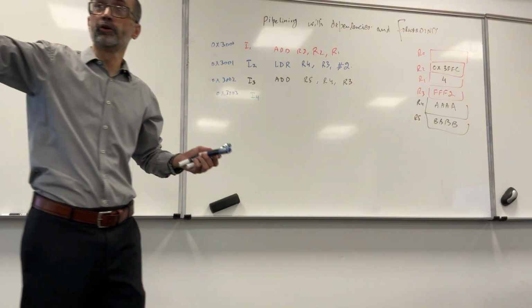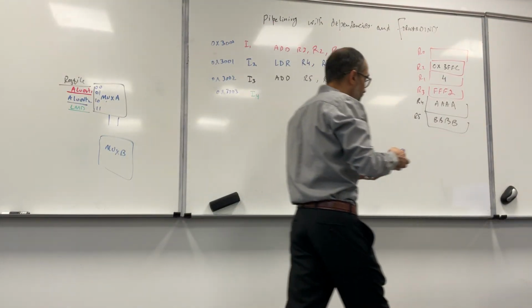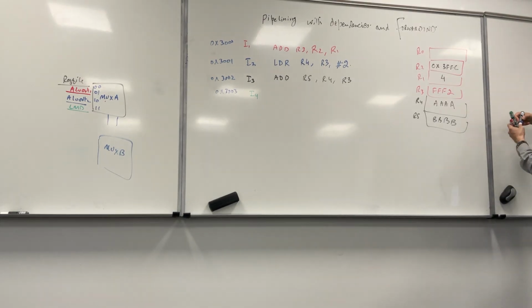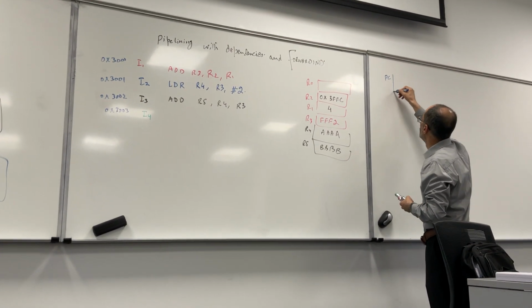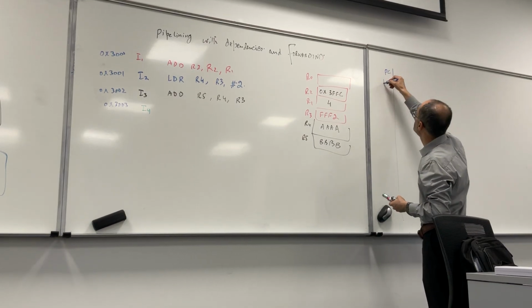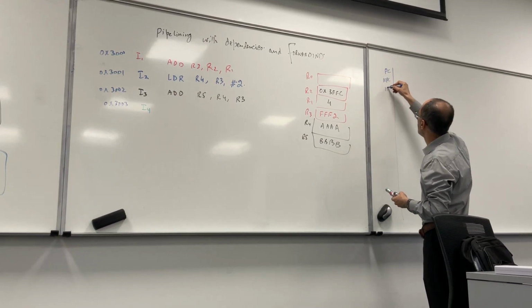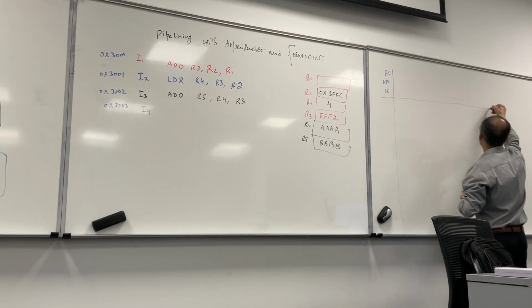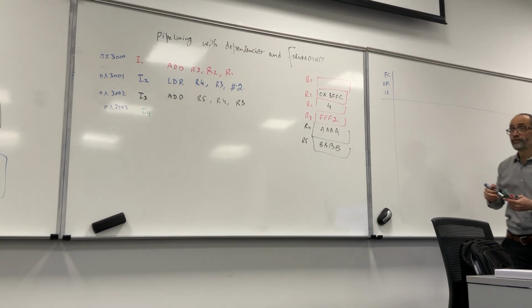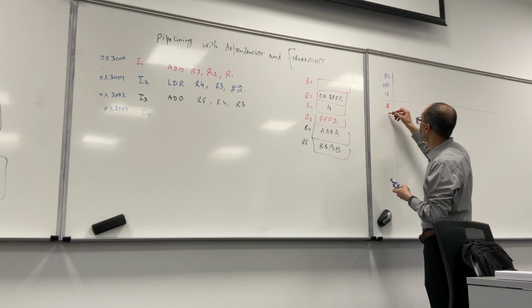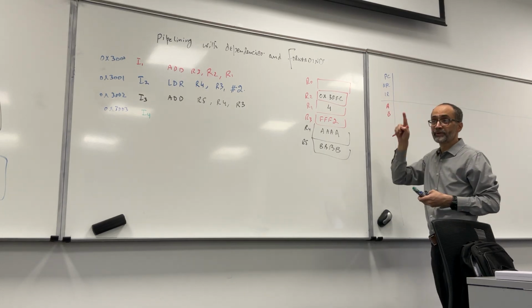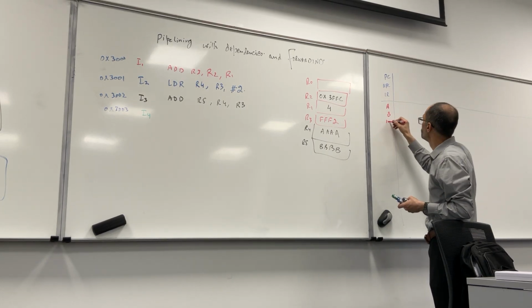We are going to solve it, so remember we have different stages: PC, then NPC, then IR, then register A and B, the temporary registers, and then immediate.